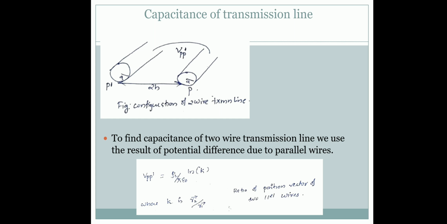So if we obtain this potential difference, then we can easily find the capacitance using the relation C is equal to Q by V_pp'. But this is the result for a parallel wire. We need to find what is the potential difference of a two-wire transmission line using this result.